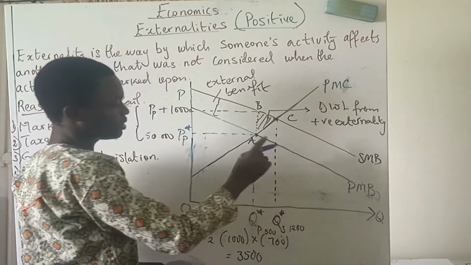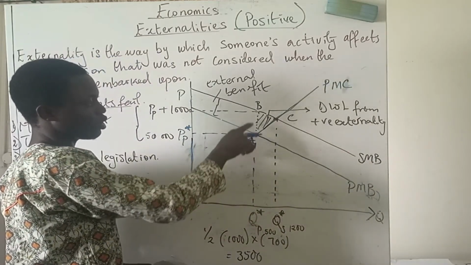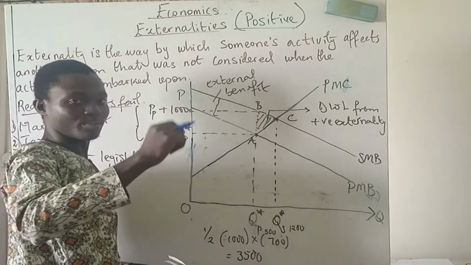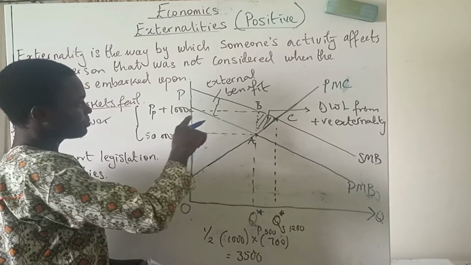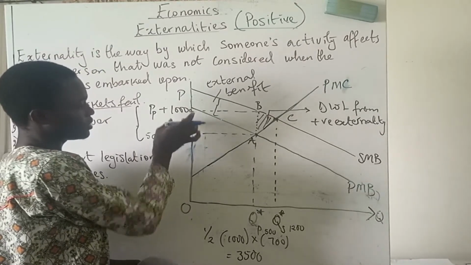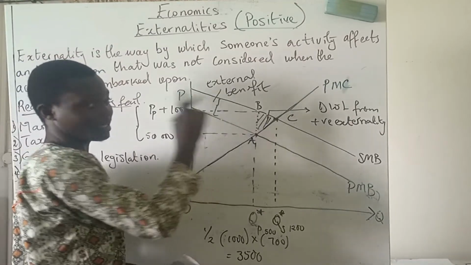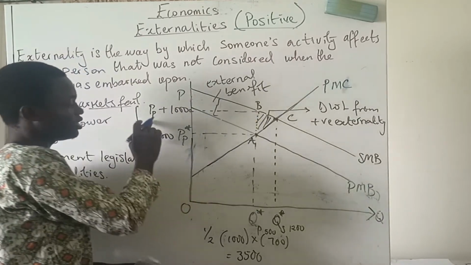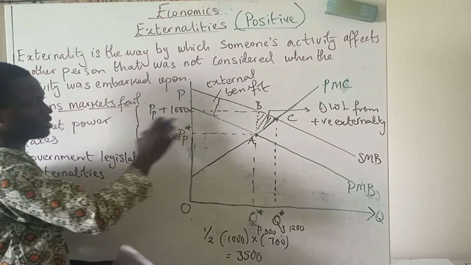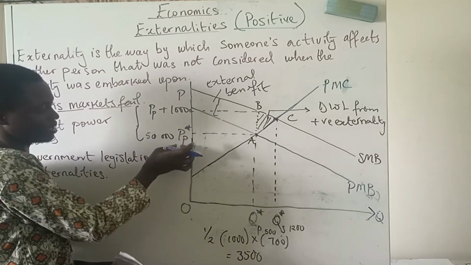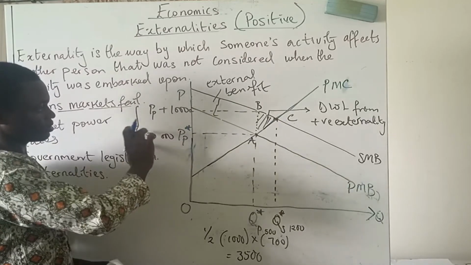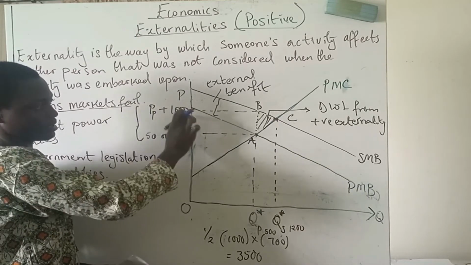The private marginal benefit is going to shift upwards by the value of the externality per person, so it shifts upwards by 10,000 naira. So the new price is going to be the private price plus 10,000 naira. This is now going to be 60,000 naira.